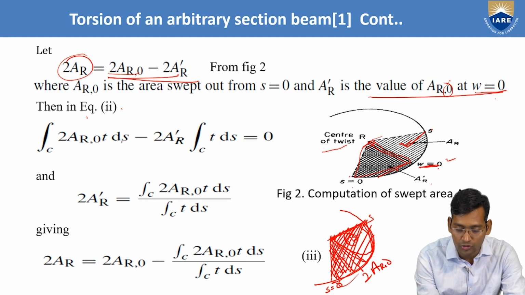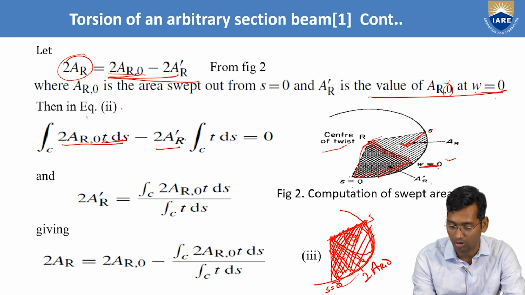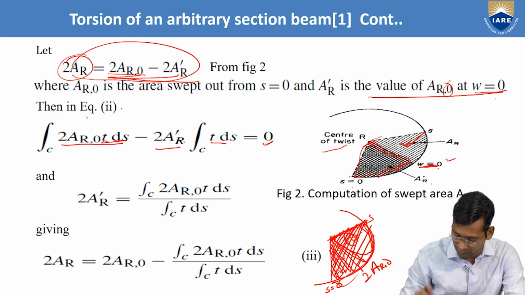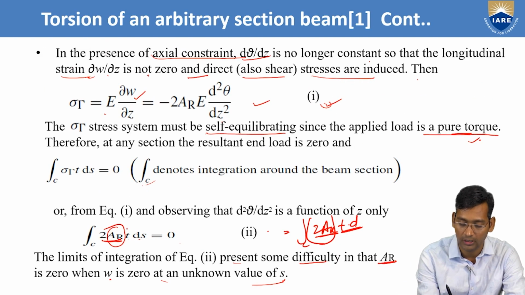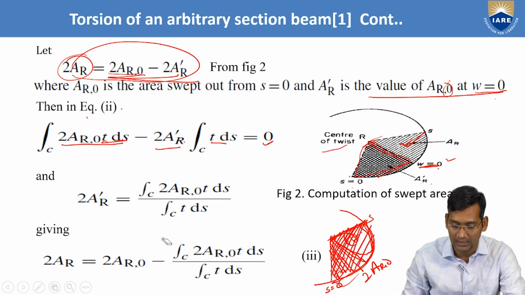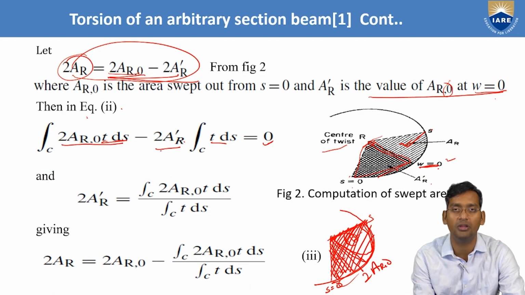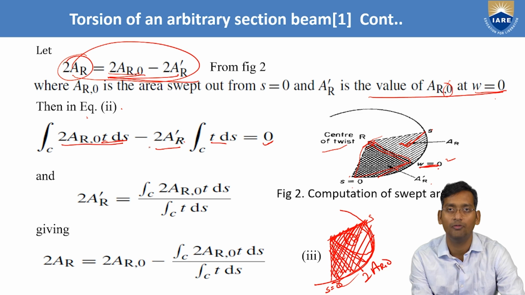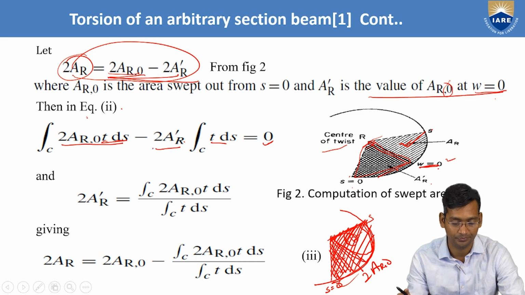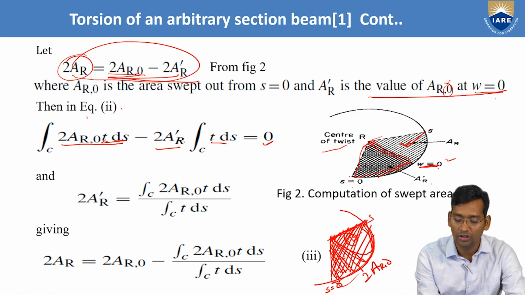Just see here, those two values into TDS, this 2AR not minus TDS, just separated, minus 2AR dash, that is this one, because it's a constant, closed integral TDS, that must be equal to 0. So simply 2AR value is substituted here. Now with the negative sign there, we got that integral equation, with the negative sign. Right. Now take this whole thing to this side.